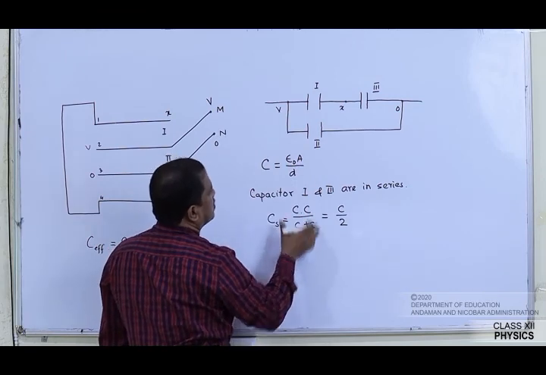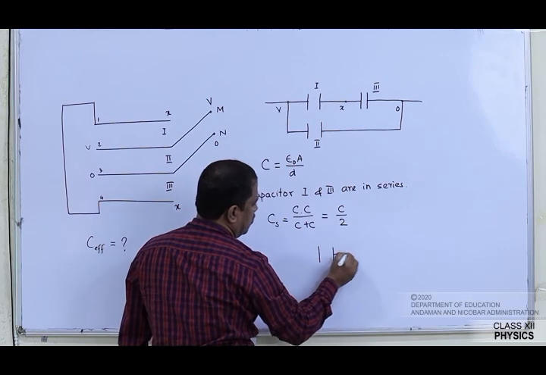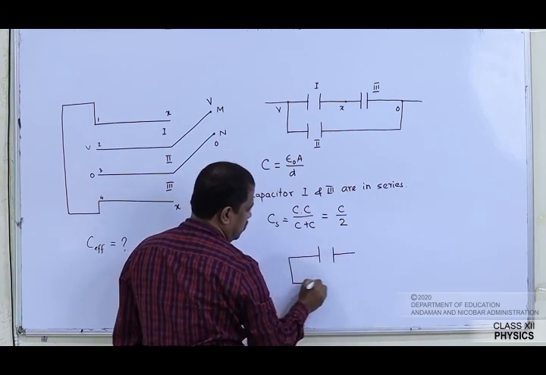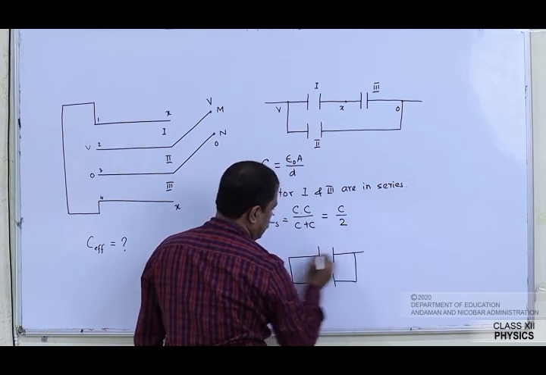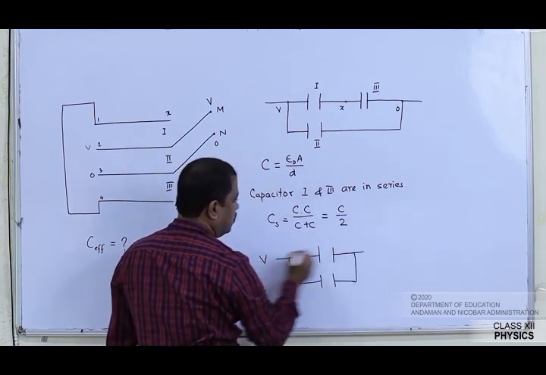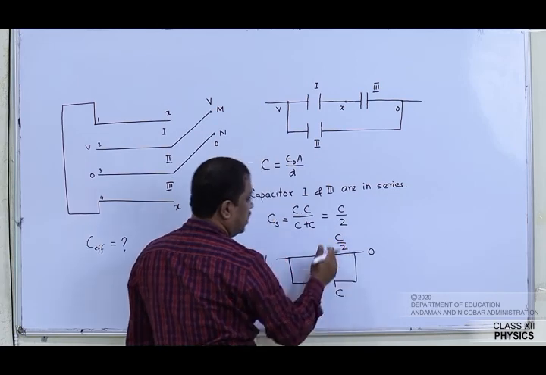And this Cs, if I redraw the diagram, this will be V for me, this will be 0, this is C by 2, this is C. Now they are in parallel.